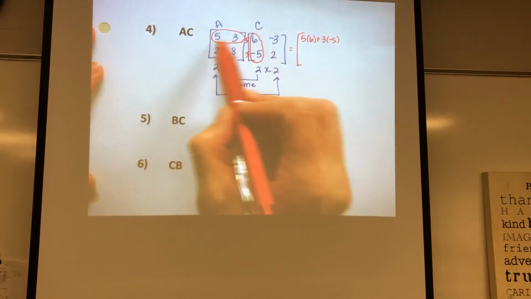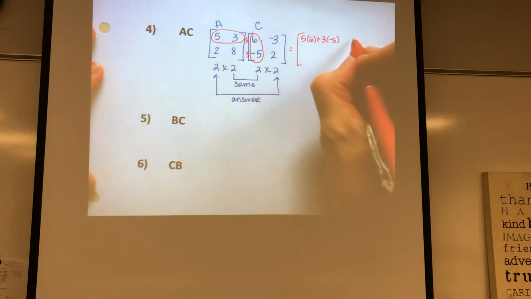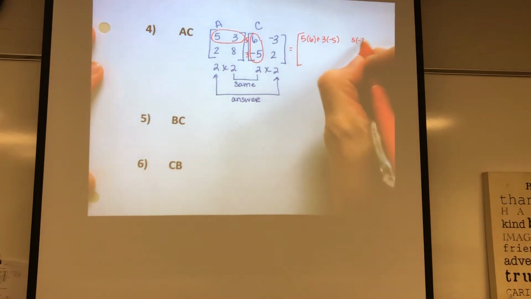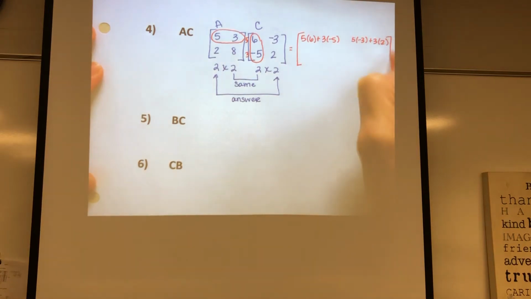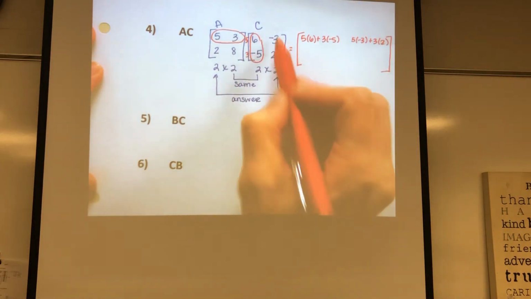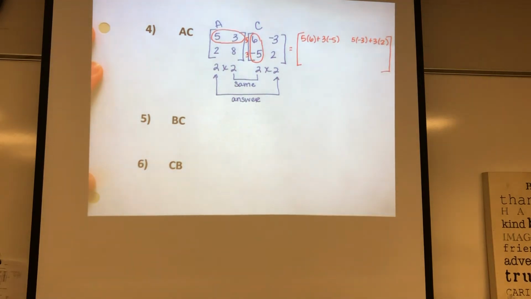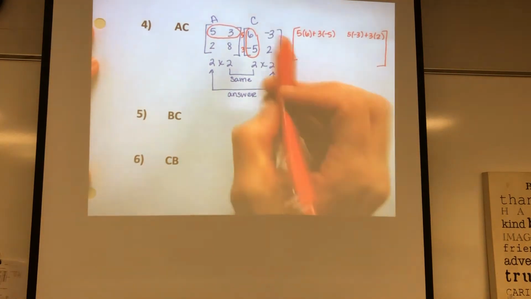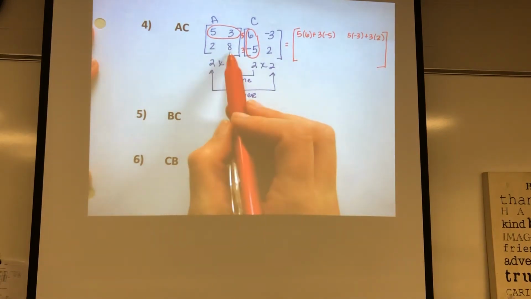Then you're going to take that same first row and multiply it times the second column. So 5 times -3 plus 3 times 2. That was the first row, second column, so all of that work goes in first row, second column. Now we are out of columns to multiply that first row by, so now we're going to move on to the second row.